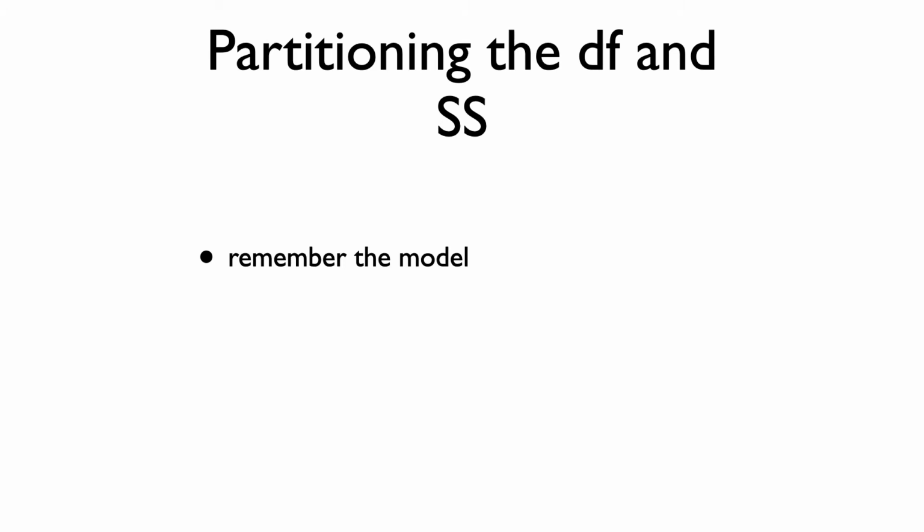So let's partition the sums of squares and the degrees of freedom. Remember the model, x equals mu plus alpha plus beta plus epsilon. And that should tell you how this is going to work.